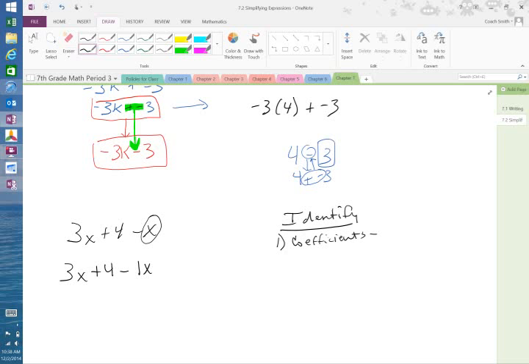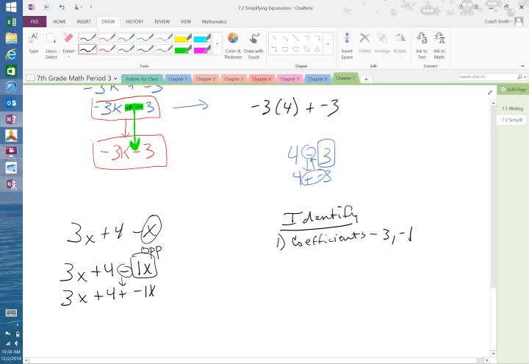No. The reason you missed it is because of this. This is 3x plus 4. Change that to addition. Do the opposite of that, which is negative 1x. So now, what are the coefficients in this problem? 3 and negative 1.